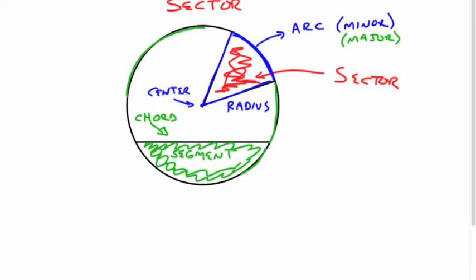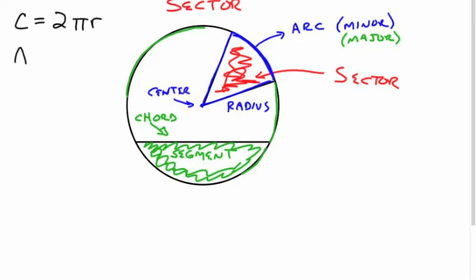So that's a little bit of a review of the different parts of a circle. Now, let's do a little bit more review. The circumference of our circle is equal to 2 pi r. Sorry about that.